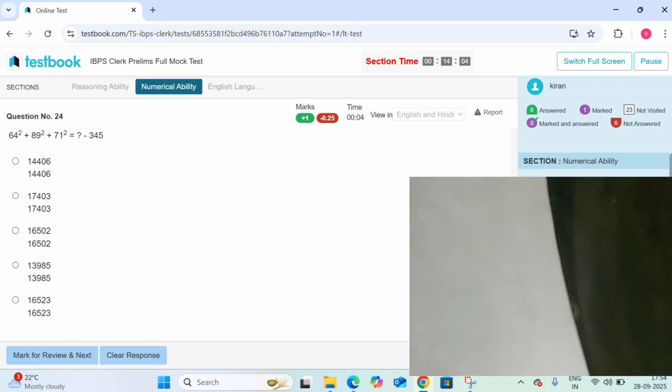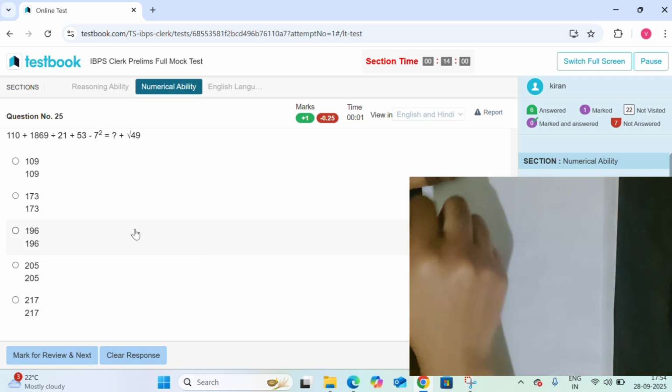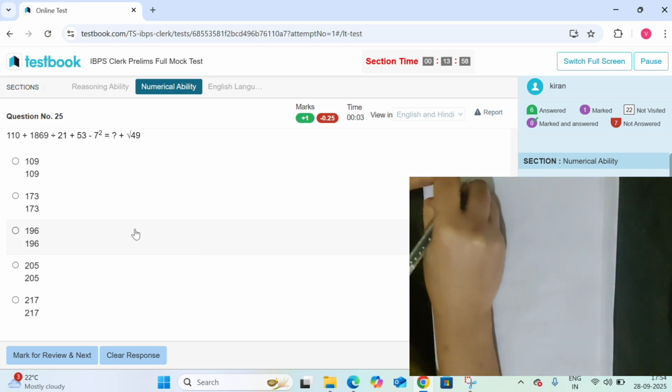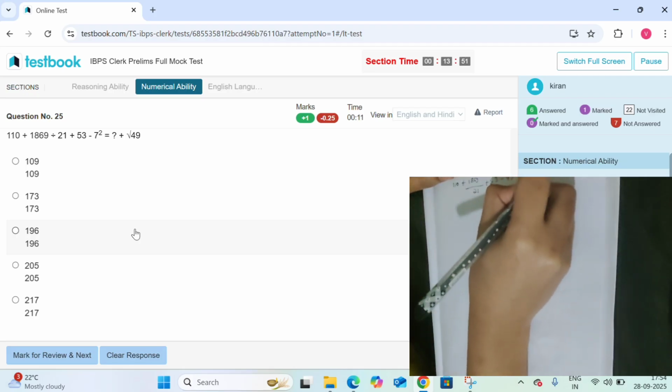64 squared, 89 squared, 71 squared. 110 plus 1869 divided by 21 plus 53 and 49 is equal to x plus 7.